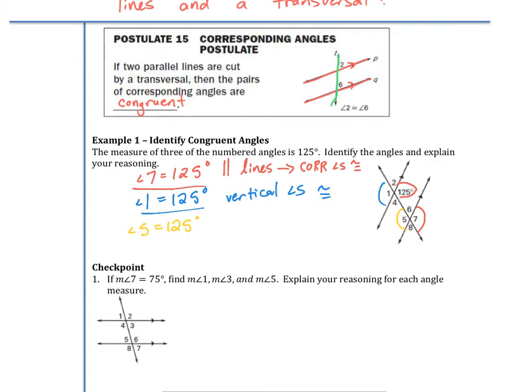I want to say that angle 7 and angle 5 are vertical, so they're vertical angles, therefore they must be congruent. That's my reasoning for that one. You could also say something else, but we're going to go with vertical angles and corresponding angles. So those 4 angles that are marked, the red ones, the blue one, and the yellow one, are all 125 degrees.